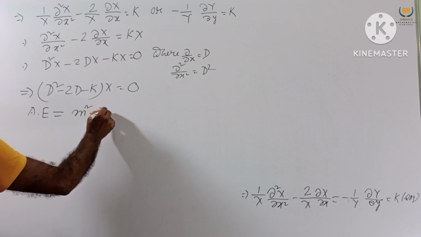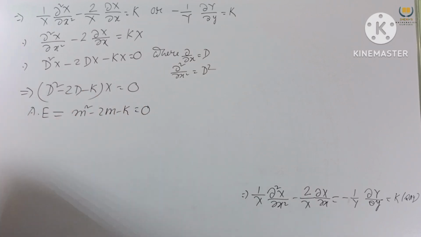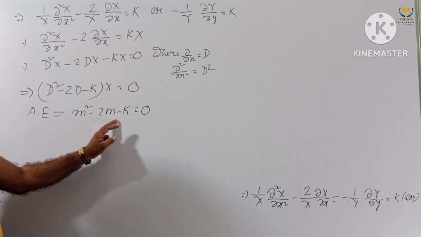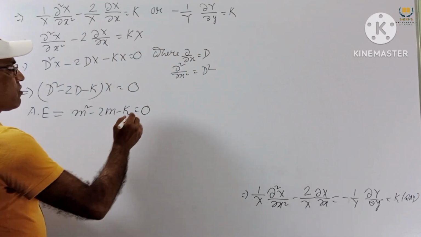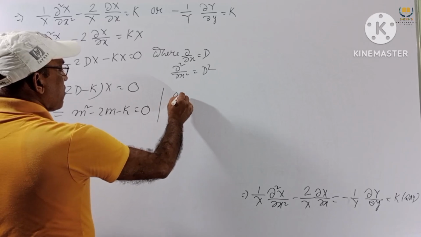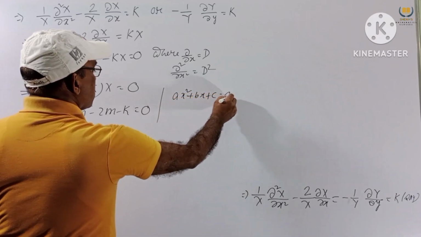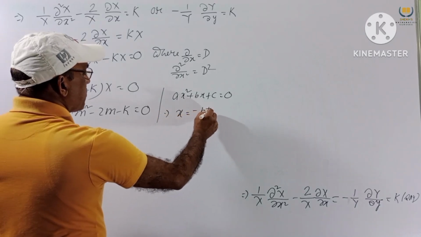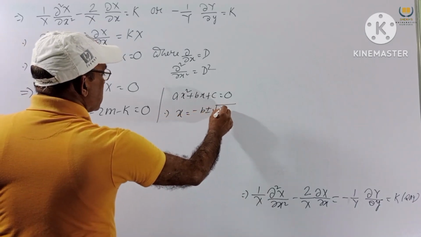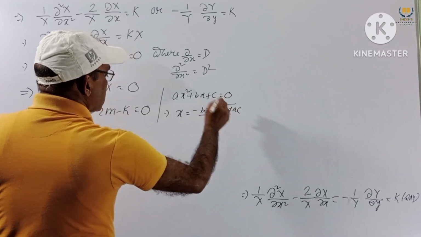m² − 2m − k = 0. This is unable to factorize because we don't know the value of k. So if we are unable to factorize, then we know this formula, the quadratic formula: ax² + bx + c = 0, then x = (−b ± √(b² − 4ac)) / 2a.